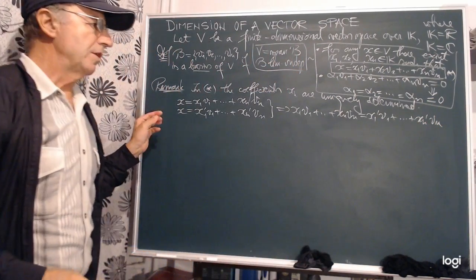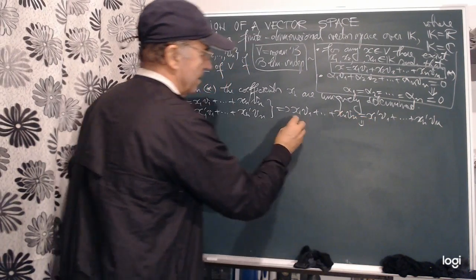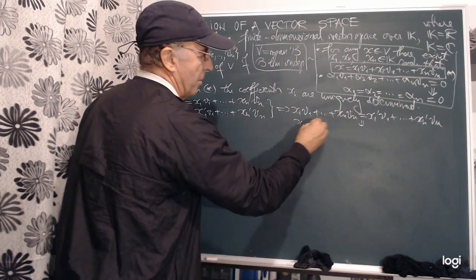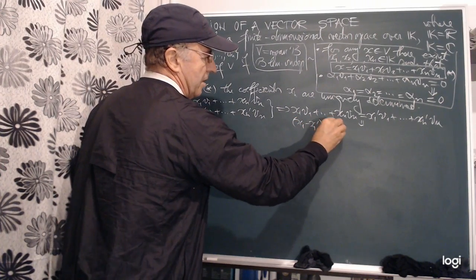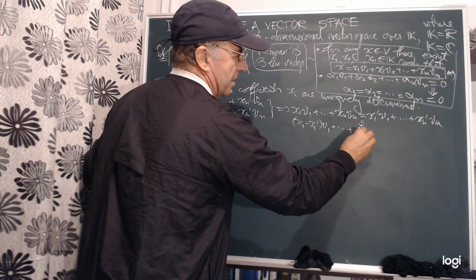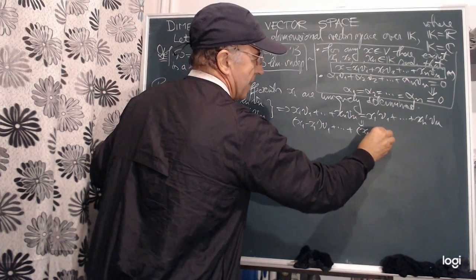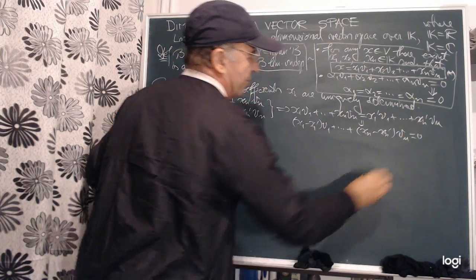This equality can also be written as x1 minus x1 prime times v1 plus so on plus xn minus xn prime times vn equals 0.